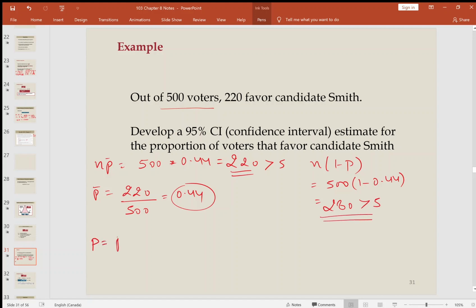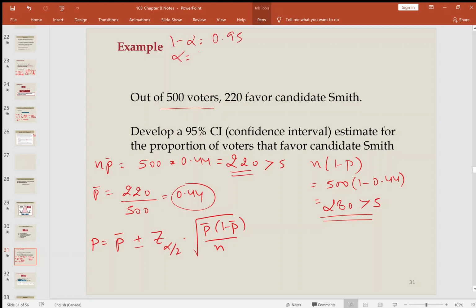So P equals P bar plus or minus Z alpha by 2 times the square root of P bar times 1 minus P bar divided by N. Now P bar is known to us, 0.44. We need to find the Z score. N is known to us, sample size is 500. So how do we find Z alpha by 2? Well, we know that 1 minus alpha is 95% or 0.95.